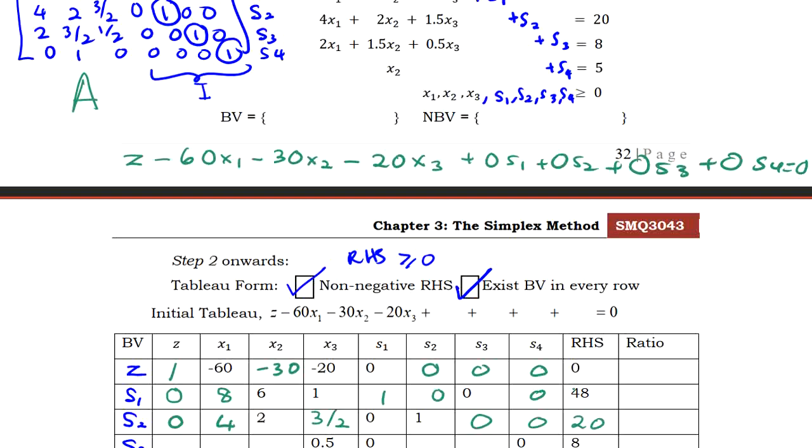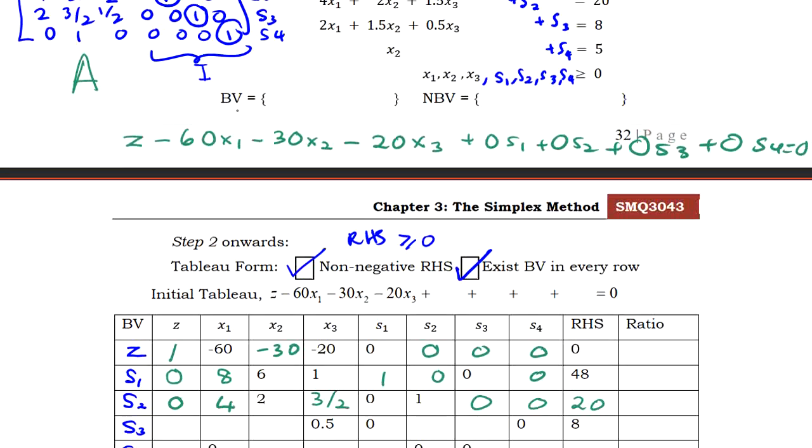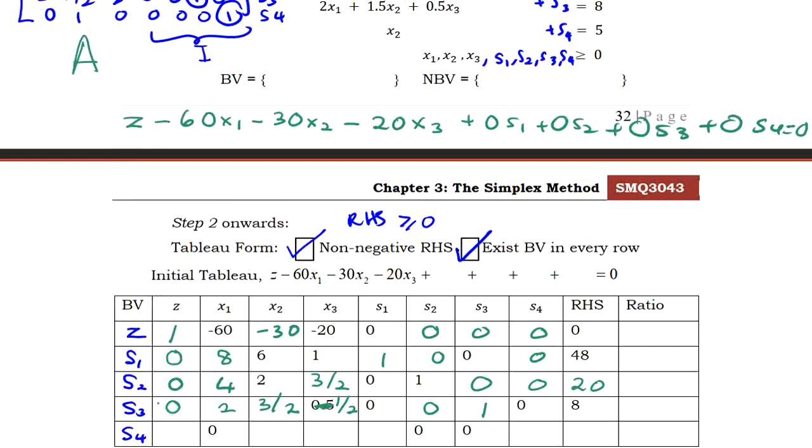Third constraint, 0, 2, 3 over 2, and then 1 over 2. It's better to write it as a fraction. 1 over 2, 0, 0, 1, 0, 8. And the fourth row, we have 0, 0, 1, 0, 0, then 1, right hand side equals 5.